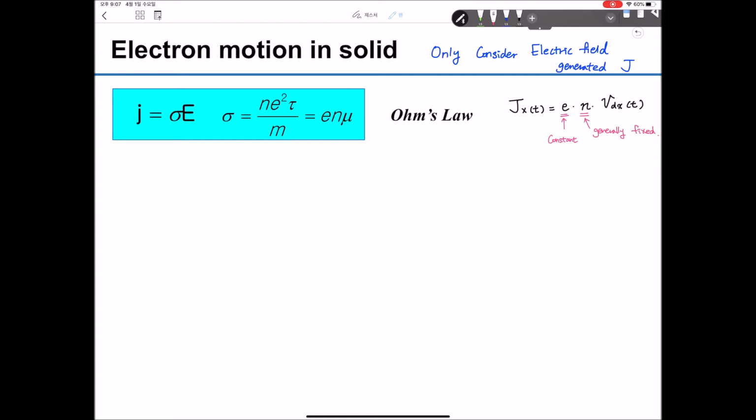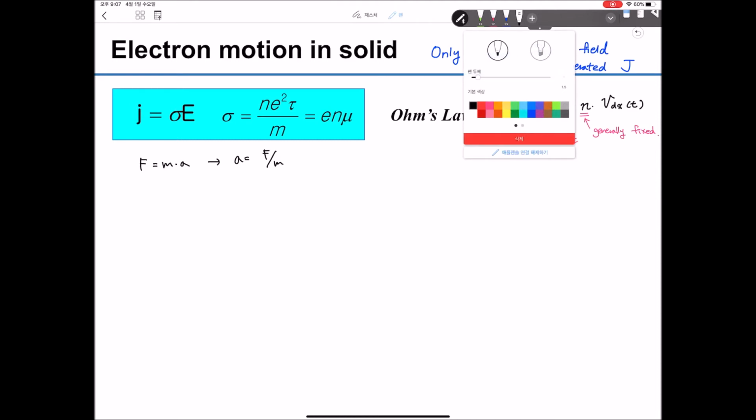Okay? All right. If you think about this, go back to high school physics. We know that force equals ma, and from here we get a equals F over m.